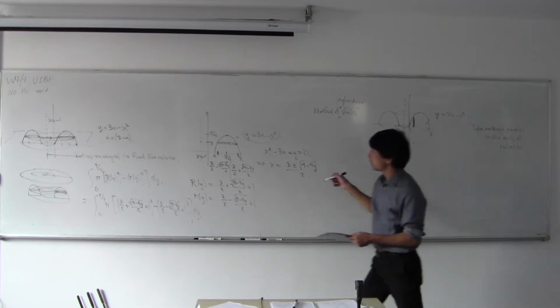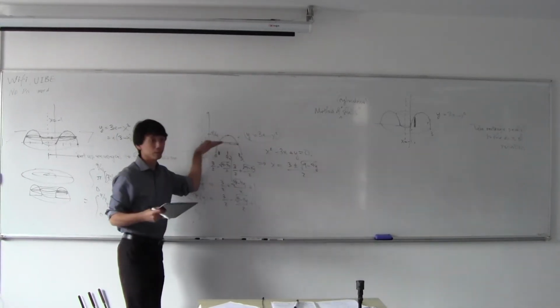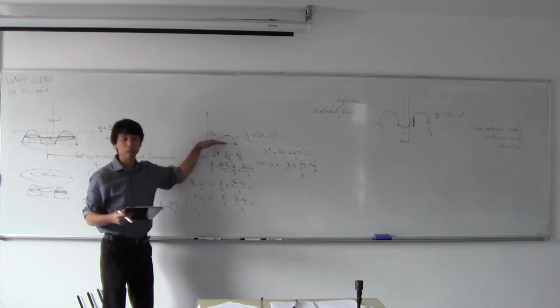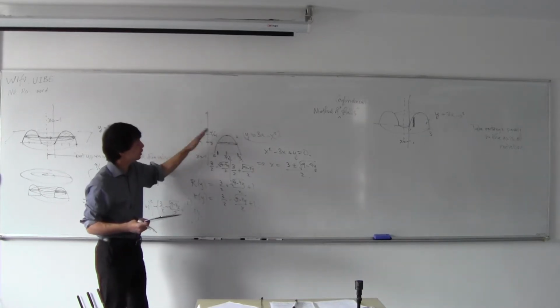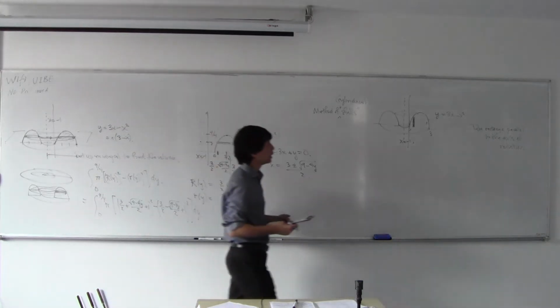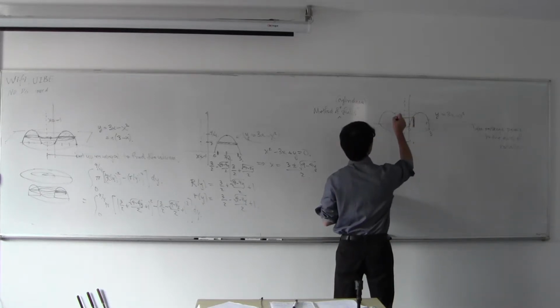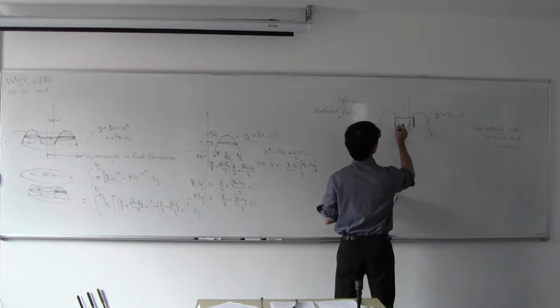Last time, here's our axis of rotation, and we were taking rectangles that were perpendicular to it. This time we're going to be taking ones that are parallel, and then when we rotate these around, what we get is these cylinders.